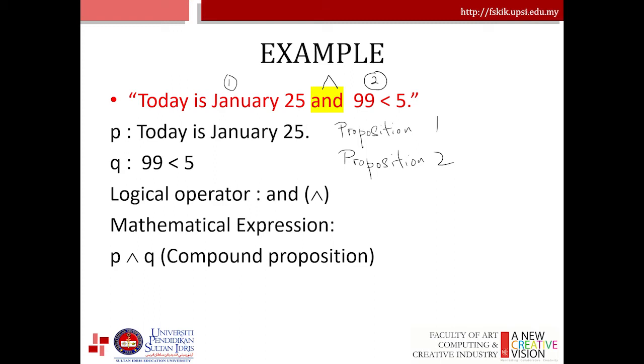And then we have the logical operator and, and then we have the mathematical expression P and Q. This one is a compound proposition. Bear in mind again, a compound proposition is where we combine two propositions joined by the connective and.